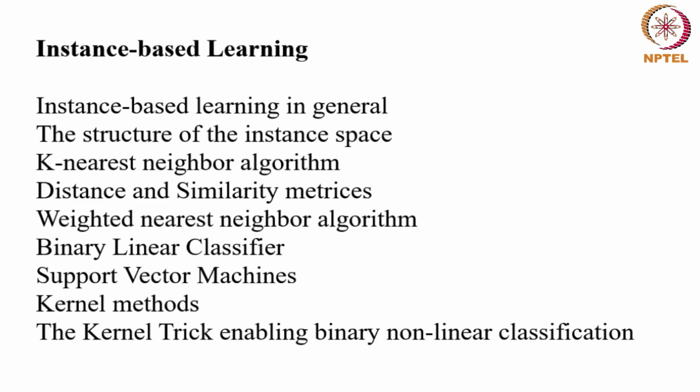Finally, we will look into some specific techniques called kernel methods that we will apply to the linear classifier in order for that kind of approach to also be able to handle nonlinear cases.